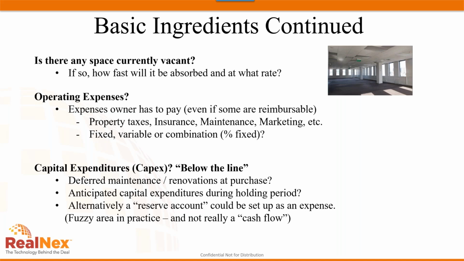So here what I'm talking about is the expenses in total that the owner has to pay, whether they get reimbursement on some of them or not. So these would be the property taxes, the insurance, the maintenance, the marketing. Some programs allow you to say what portion of it is fixed or variable, where variable means it varies with the level of occupancy.